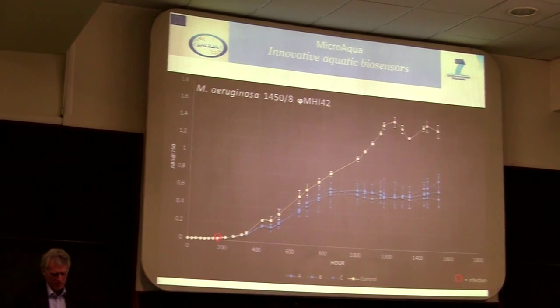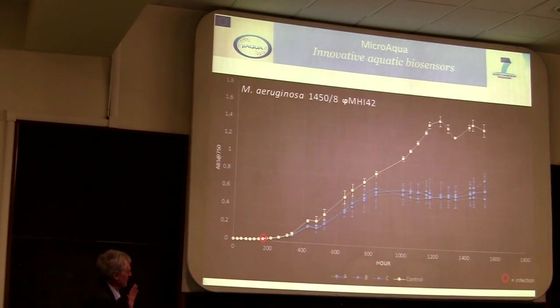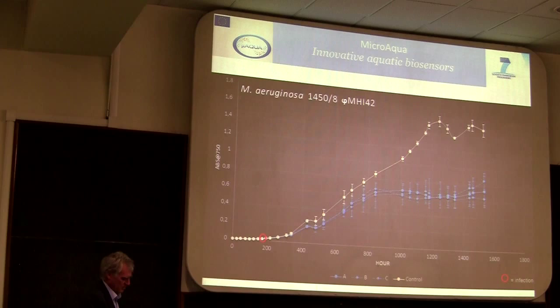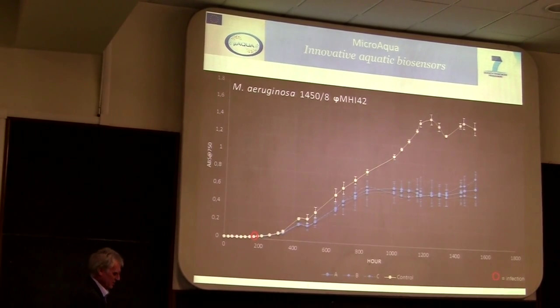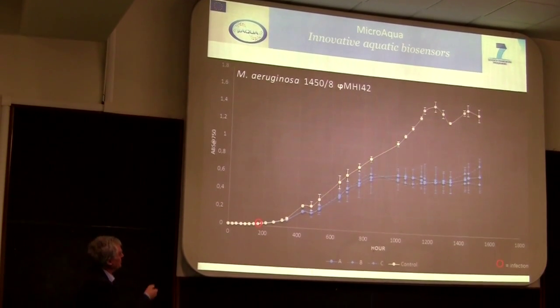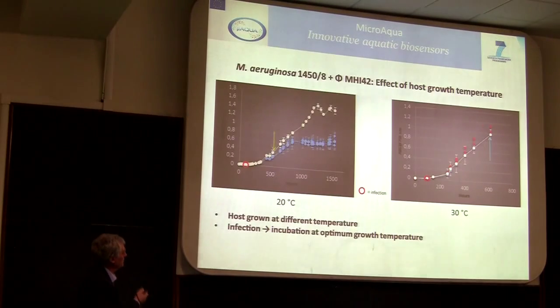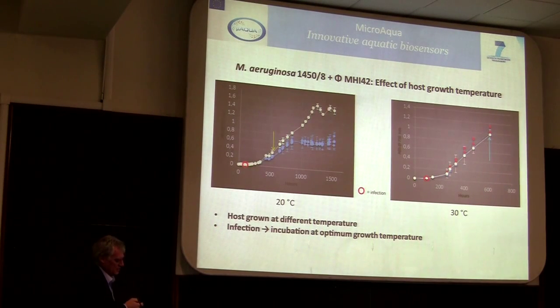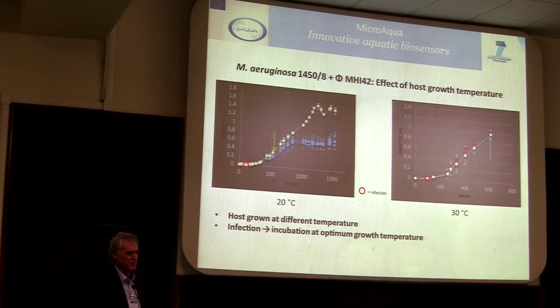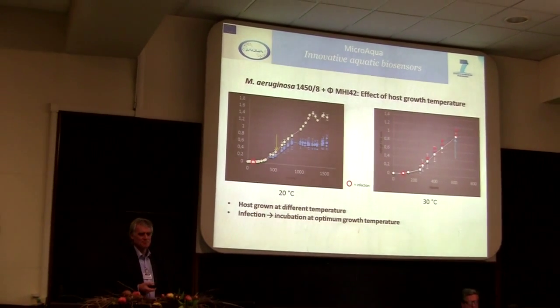So there are things that we can find out in culture about the kinetics of the growth. But again, this is all done at a single temperature. If we change the temperature for this particular experiment, then you can see at a higher temperature, this being the original experiment, the phage is completely unable to infect the host.